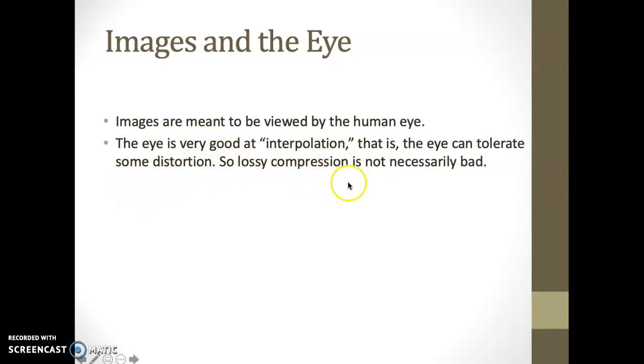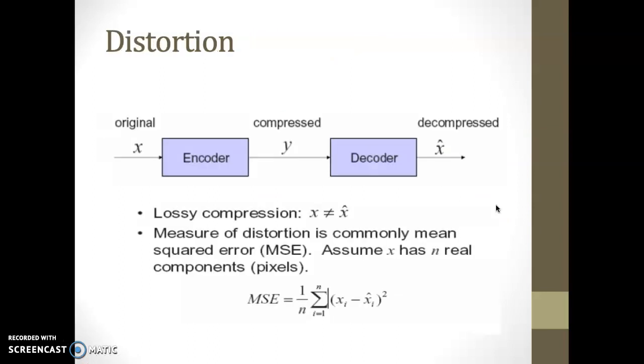Lossy compression is not necessarily bad. You have to balance the quality and the compression ratio, considering that the human eye is good in interpolation, so we can tolerate some distortion in lossy techniques.